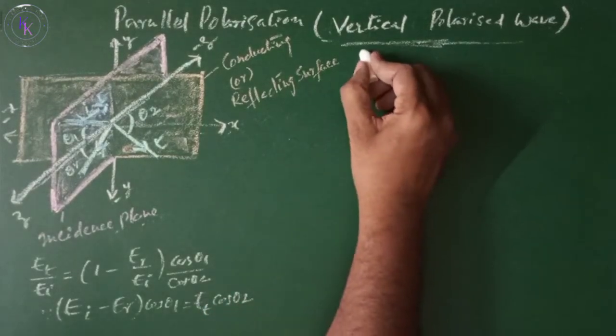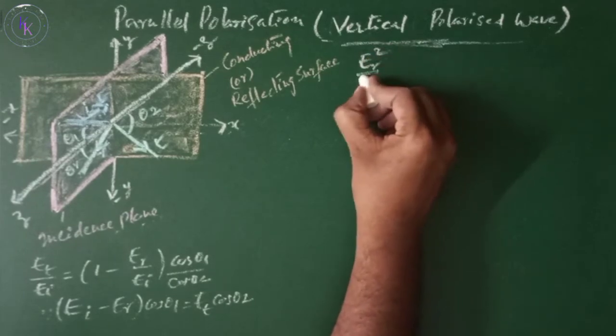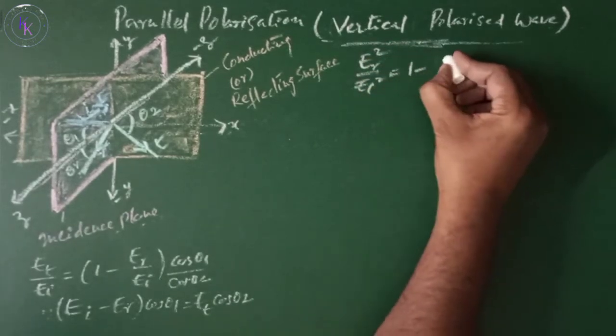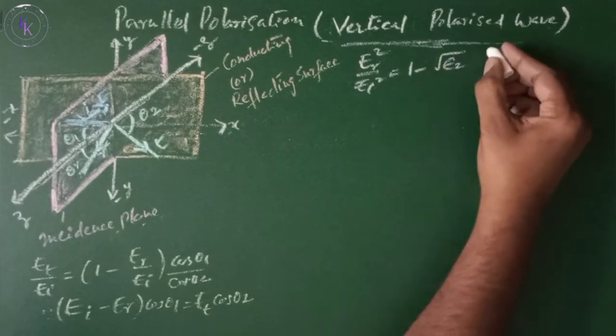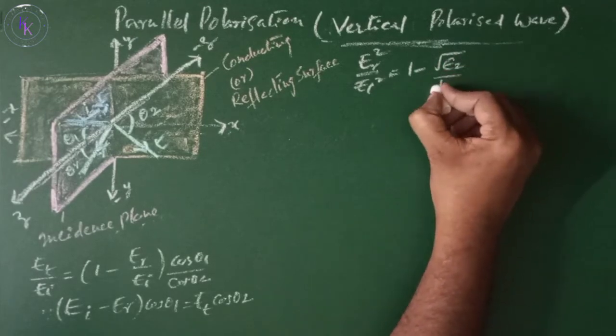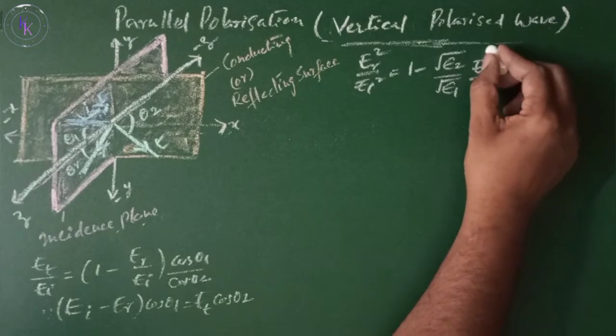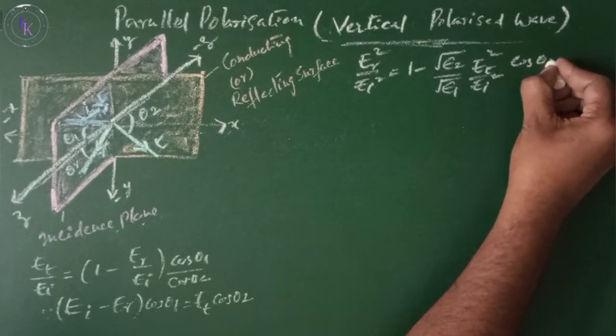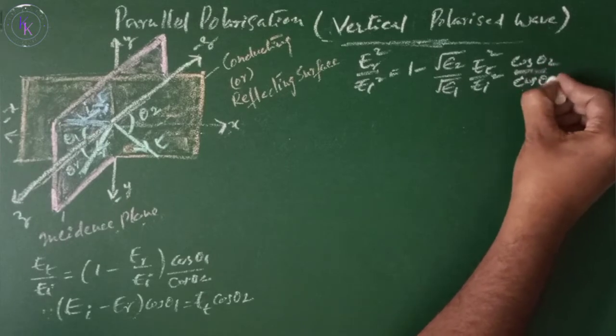Now we have Er square by Ei square equals 1 minus square root of epsilon 2 divided by square root of epsilon 1, Et square by Ei square, cos theta 2 divided by cos theta 1.